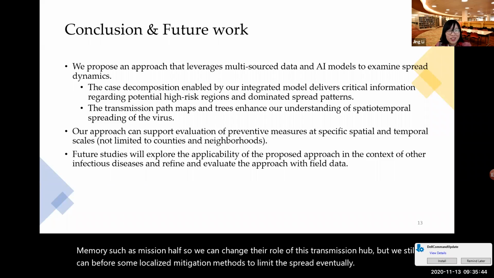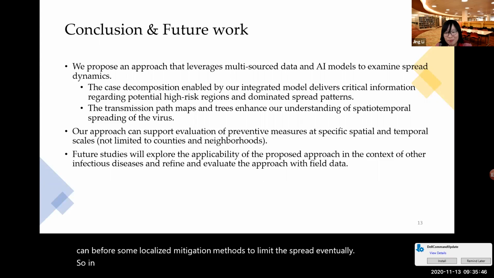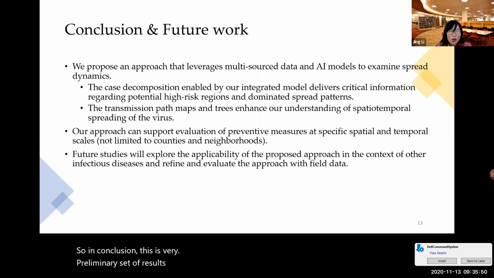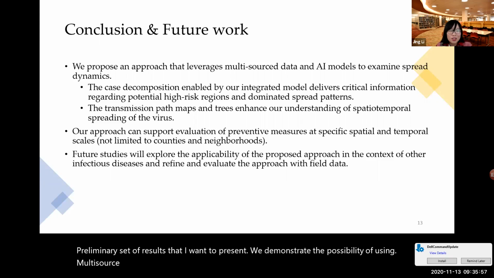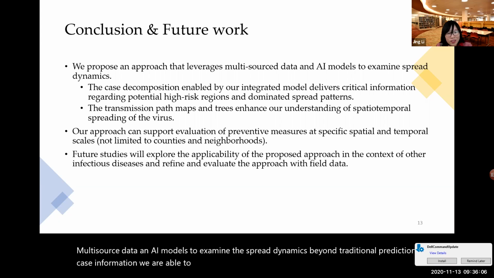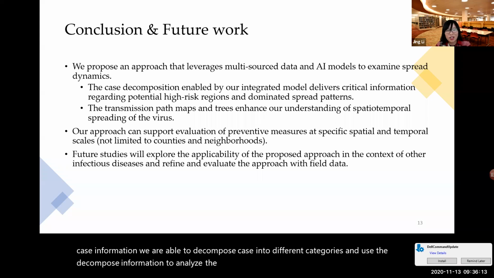So in conclusion, this is a very preliminary set of results that I want to present. We demonstrate the possibility of using multi-source data and AI models to examine spread dynamics beyond traditional case prediction. We are able to decompose cases into different categories and use the decomposed information to analyze the interactions between regions and their contribution to the overall spread dynamics.